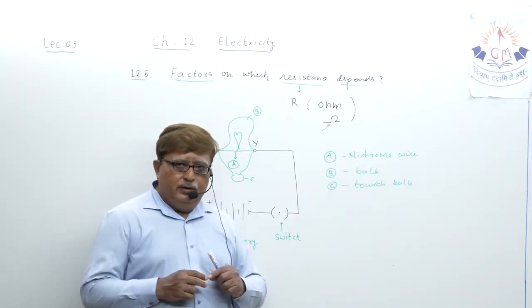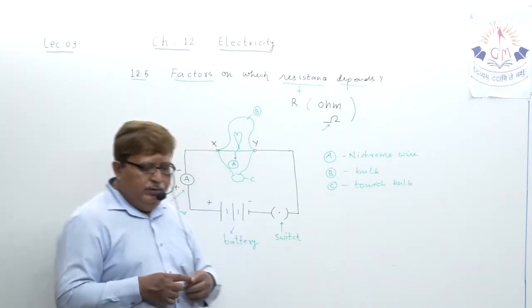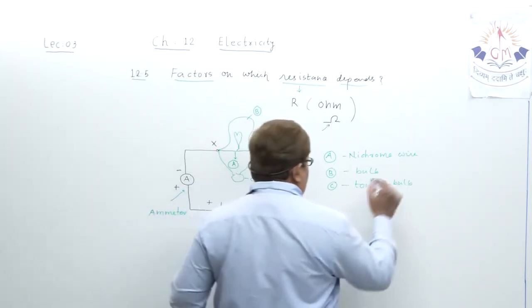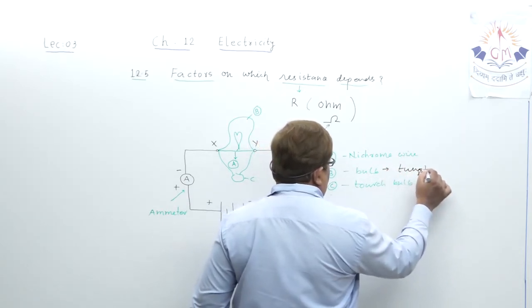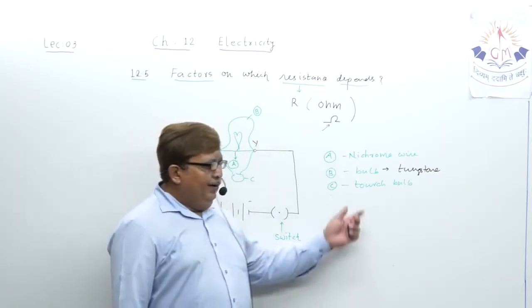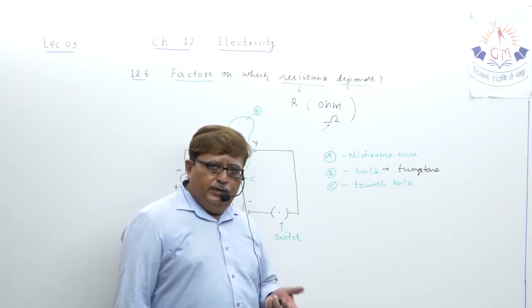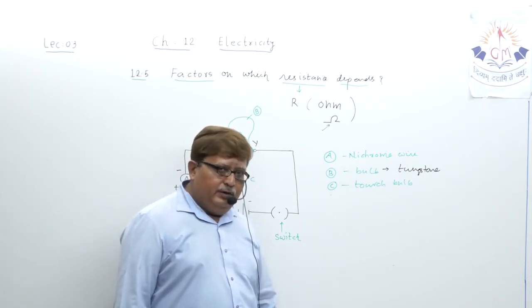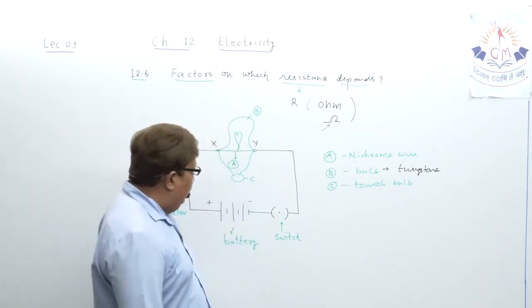The electric bulb has a filament made up of a different material, sometimes tungsten. It is made up of tungsten sometimes. And the torch bulb may have a filament made up of some different material. So three different materials we have taken intentionally.